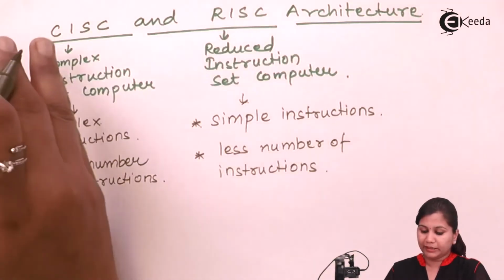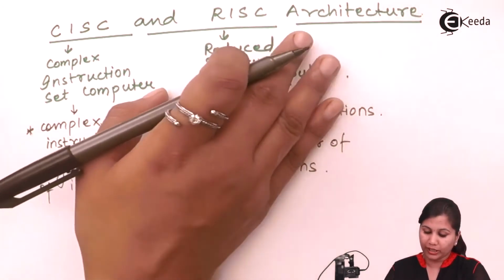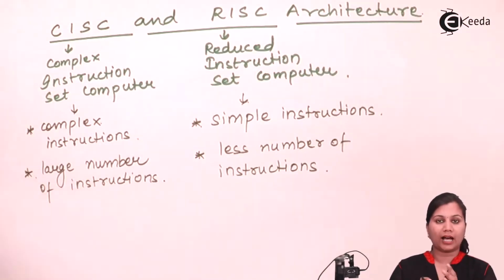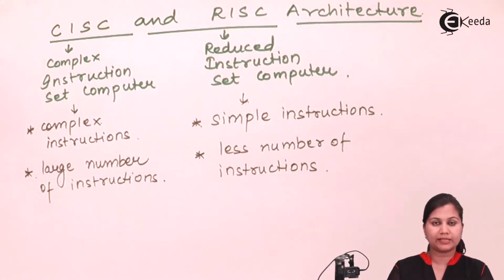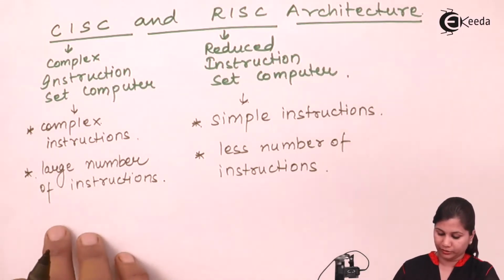So that is the main difference between the CISC and the RISC architecture. In CISC we have complex instructions and a large number of them, and in RISC there are fewer, simple instructions, so they can be easily executed.